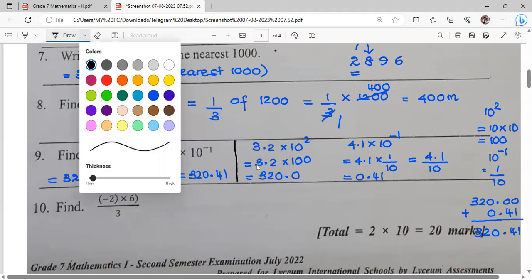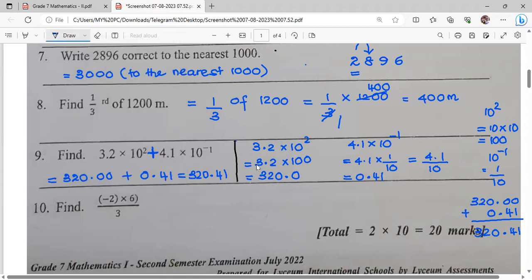Then the next one, question number 10, it is that you want to multiply the numerator negative 2 times 6. First you multiply 2 by 6, so then it is 12. So the negative number you multiply by a positive number, what will happen? The answer is negative, right?